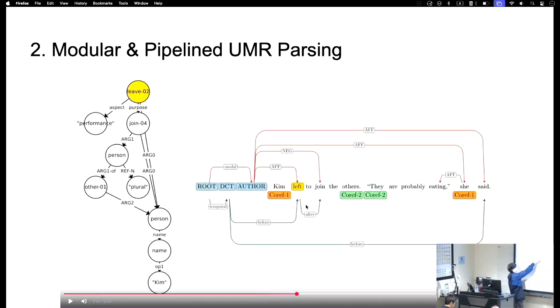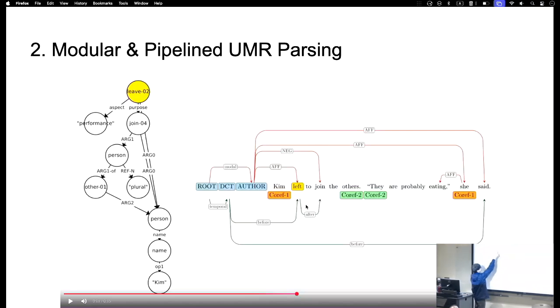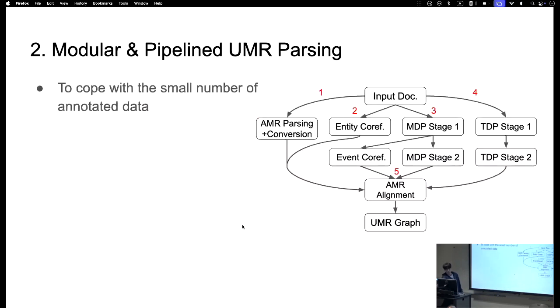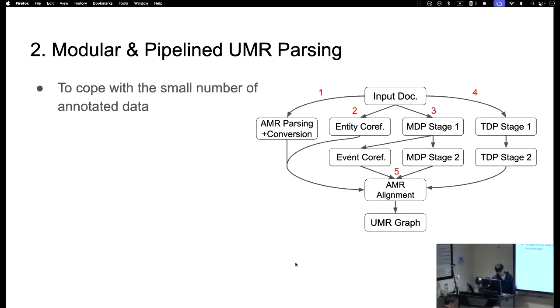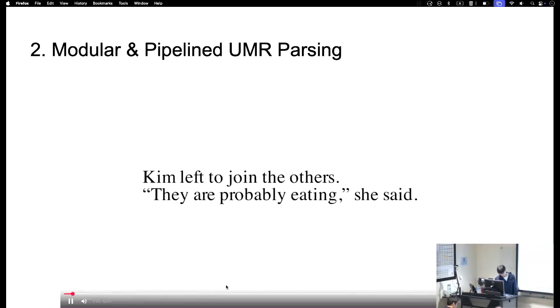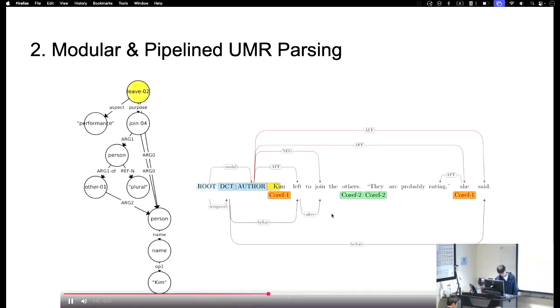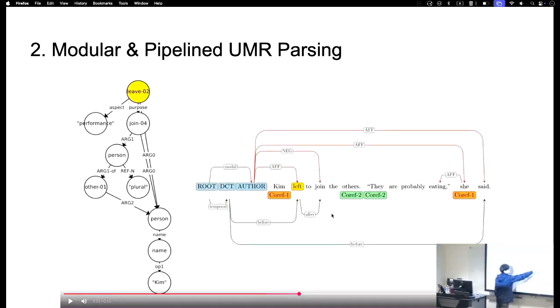That's what this yellow coloring effect is supposed to highlight. We need to ensure that left corresponds in the sentence level UMR graph to leave-02.